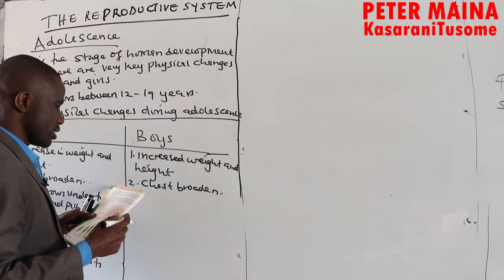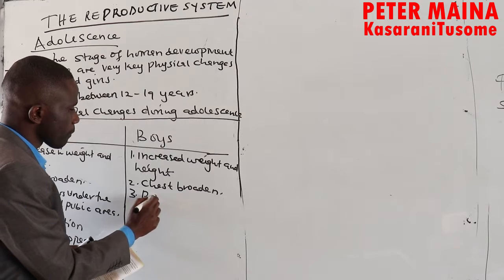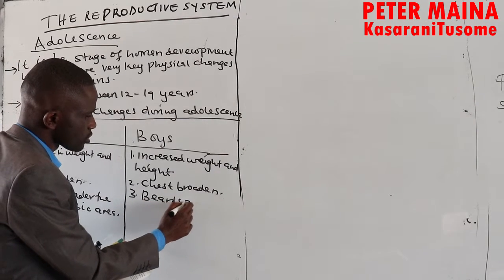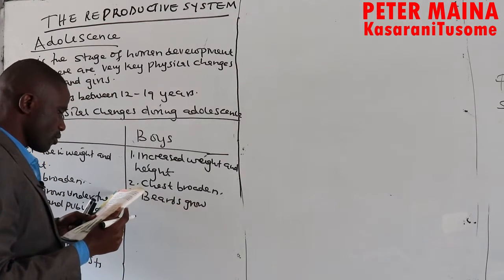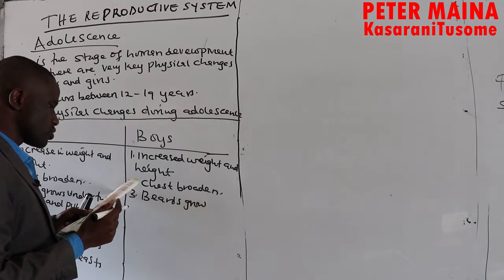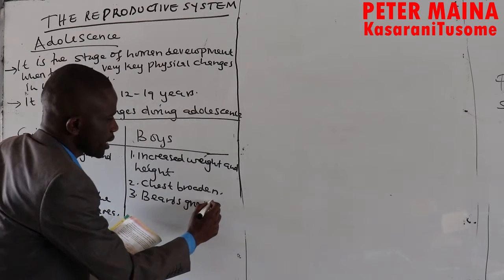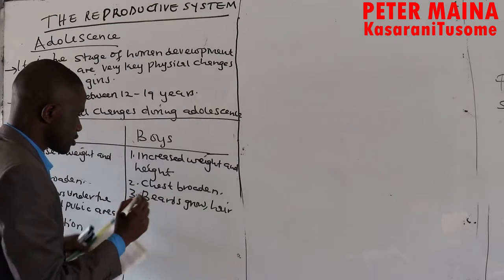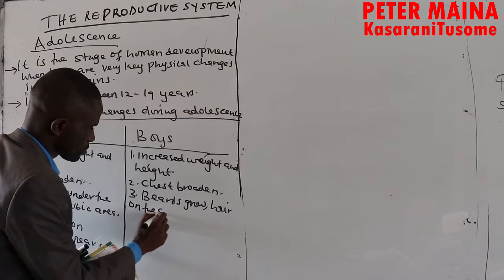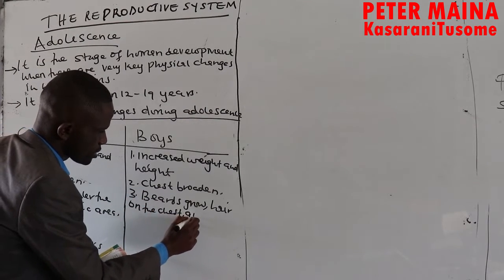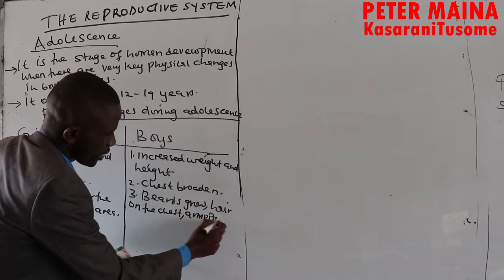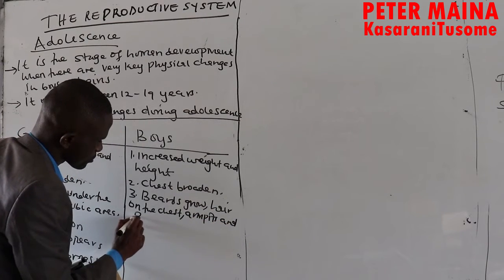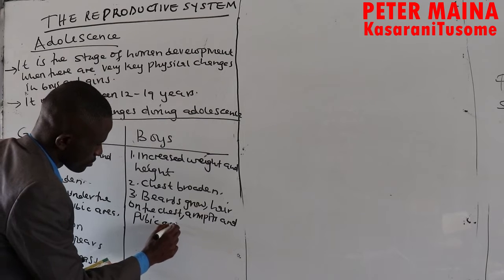And number 3 is that beards grow. And number 4 is hair on the chest, armpits and pubic area.